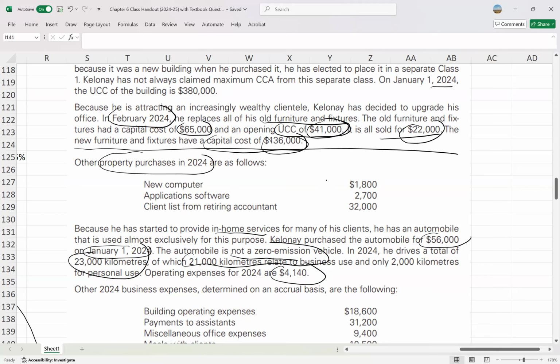So this is an example of what we talked about earlier, where for accounting purposes, he would take amortization on the full 56,000. But remember we said that when you buy a car over a certain amount, then you get limited as to how much you put into the CCA class for CCA purposes. And for 2024, that amount again was 37,000. So remember when we looked at that CCA rates table a while back and I showed you the automobiles, I'll bring it up again.